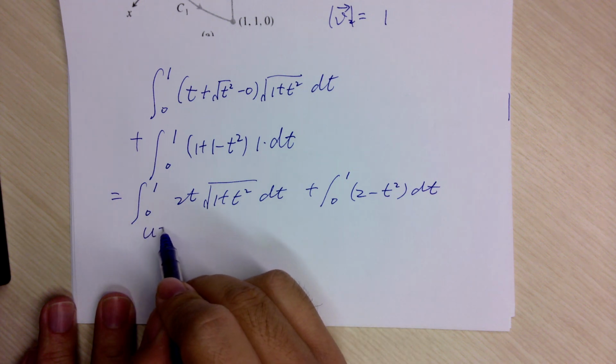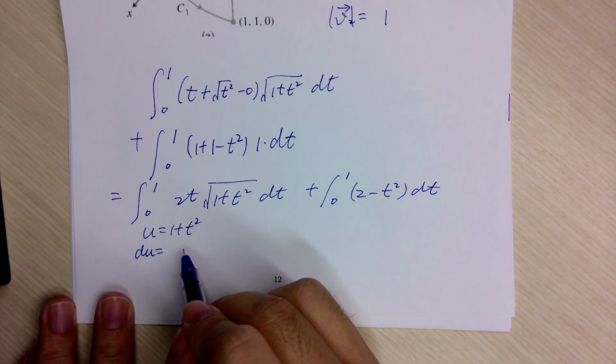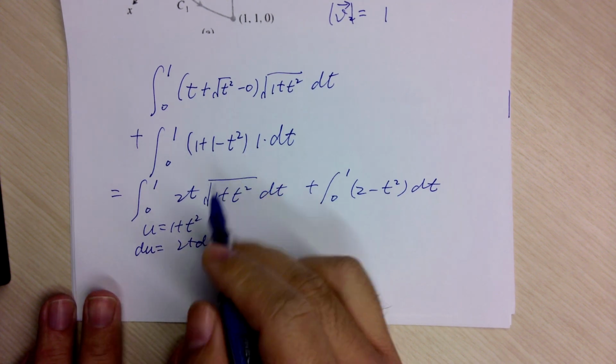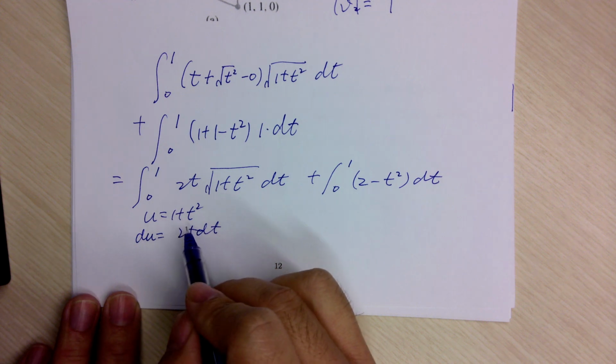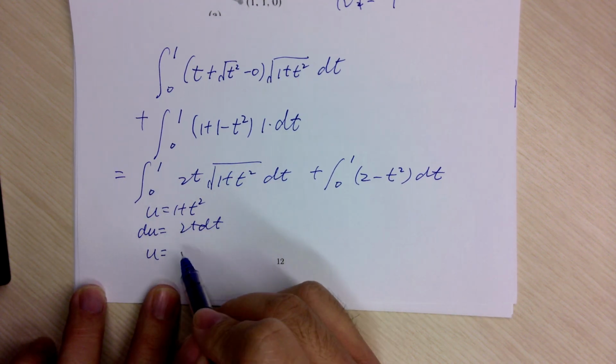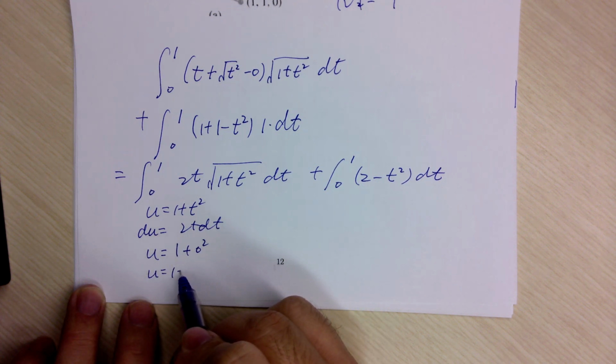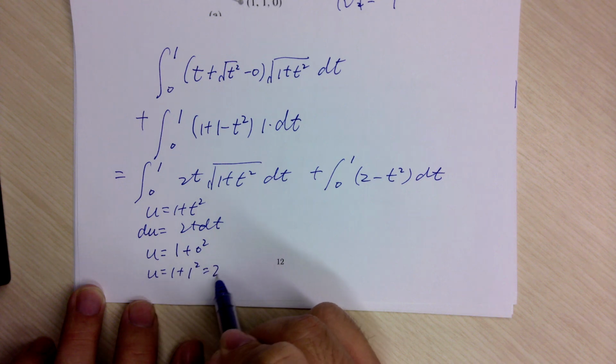If you set u equals 1 plus t squared, and then du equals 2t dt, and since t is from 0 to 1, u is going to be from 1 plus 0 squared, which is 1, to 1 plus 1 squared, which is 2.